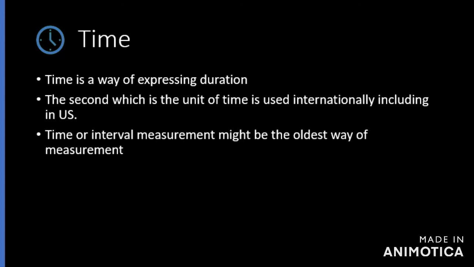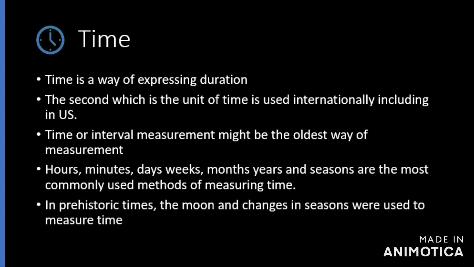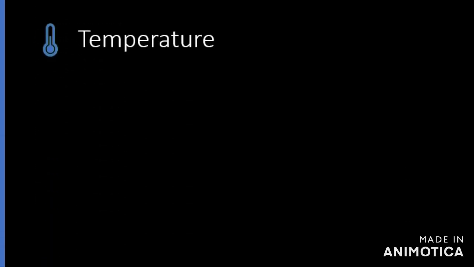Time or interval measurement might be the oldest measurement in the world. Hours, minutes, days, weeks, months, years, and so on are commonly used methods of measuring time. I'm sure we've all used these methods of measurement before. In prehistoric times, the moon and changes in seasons were used to measure time.